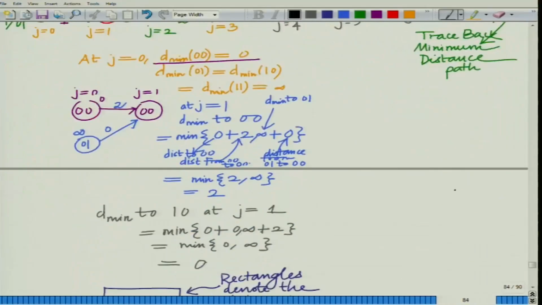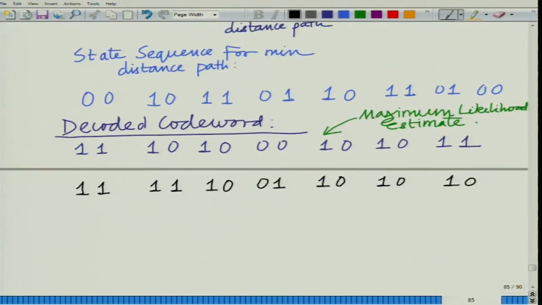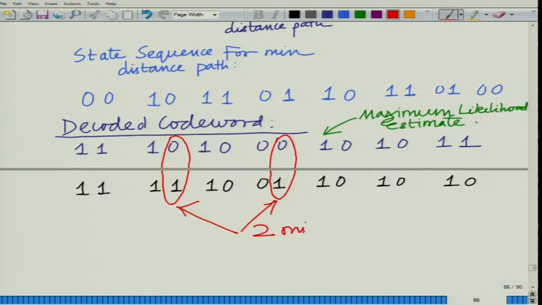Okay, and what you can see is that the Hamming distance between this and this is basically 2 errors between the received word and your maximum likelihood code word. There are 2 places of mismatch, and that is what in fact we had seen when we completed the Viterbi algorithm. So, these are 2 mismatched bits.